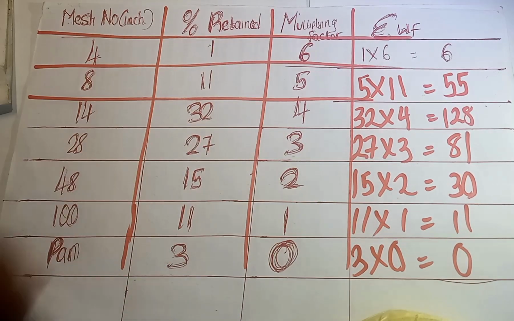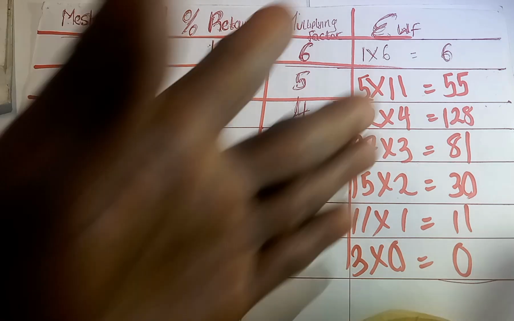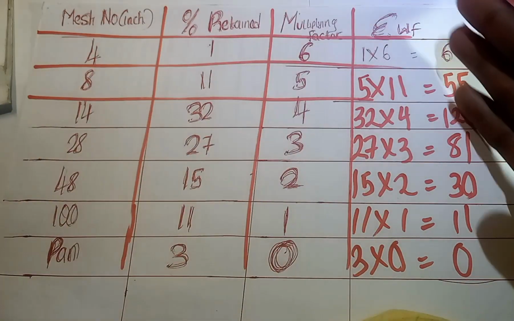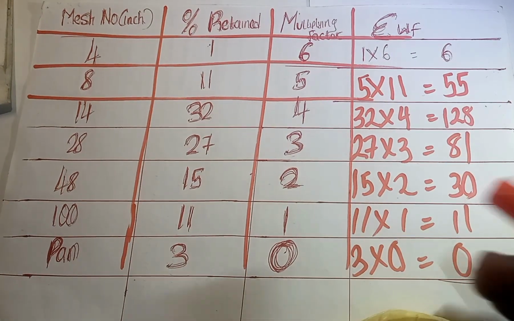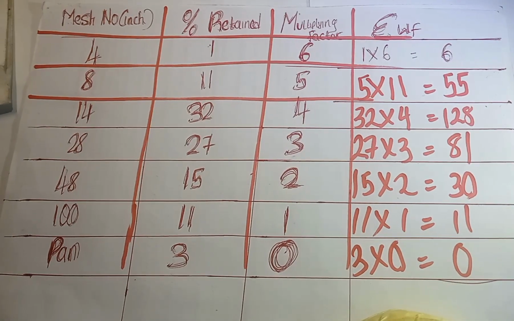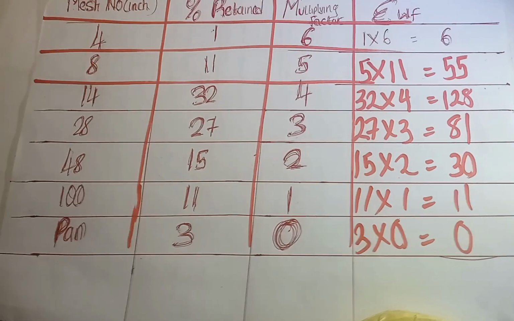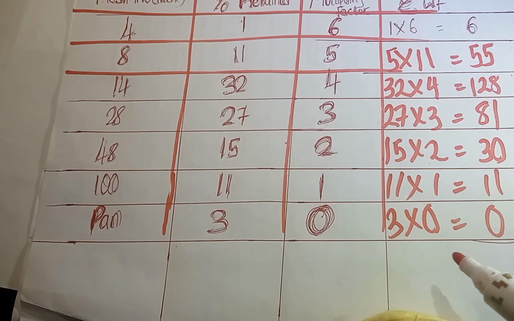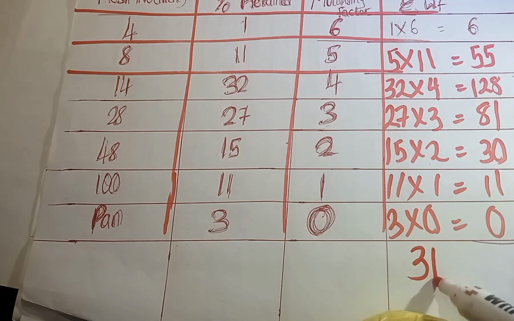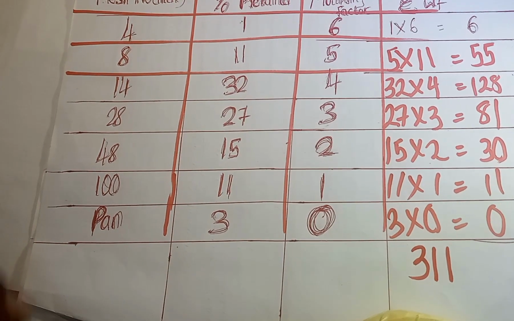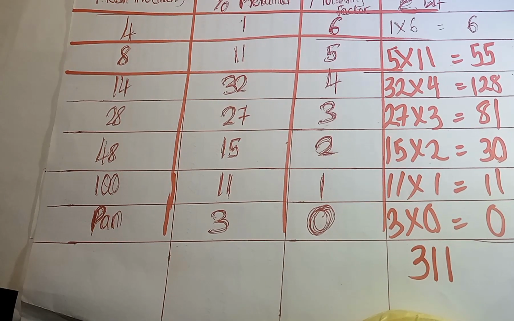So this is the weight by fraction. Now we want to compute the sum of the weight. How do you compute it? You simply add everything on this side, and that's the sum of the weight of each fraction. On addition, I got 311 as the sum of the weight by fraction.